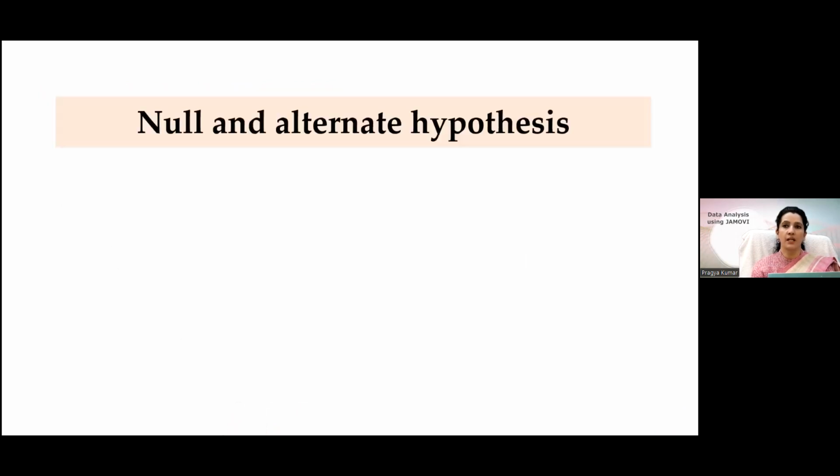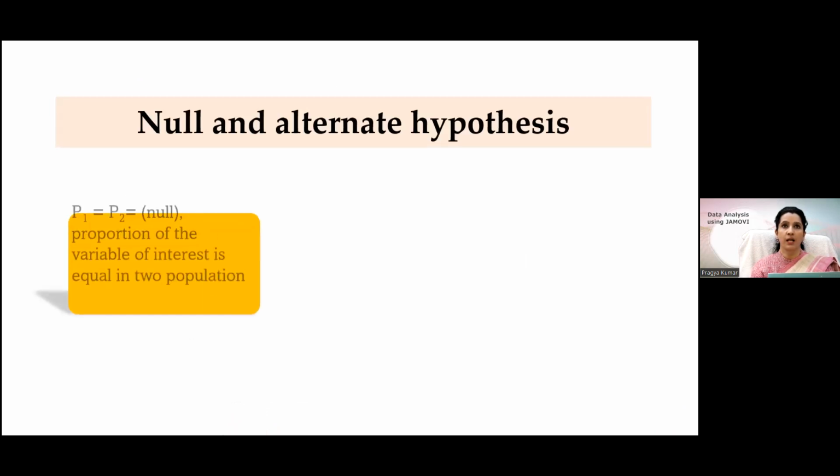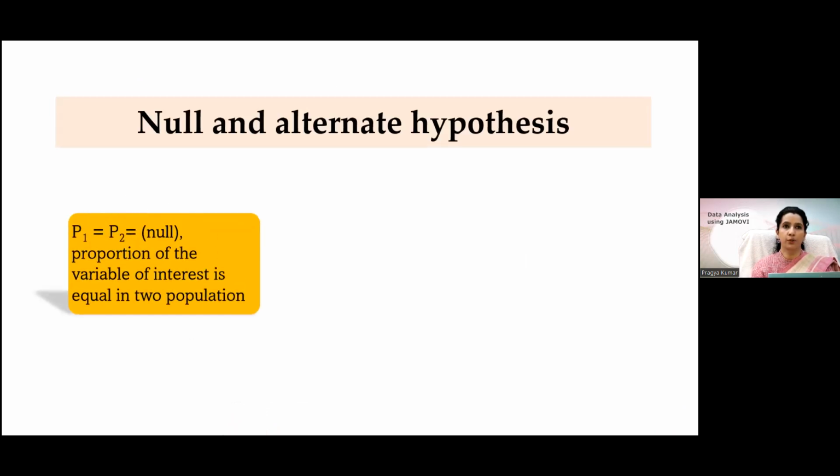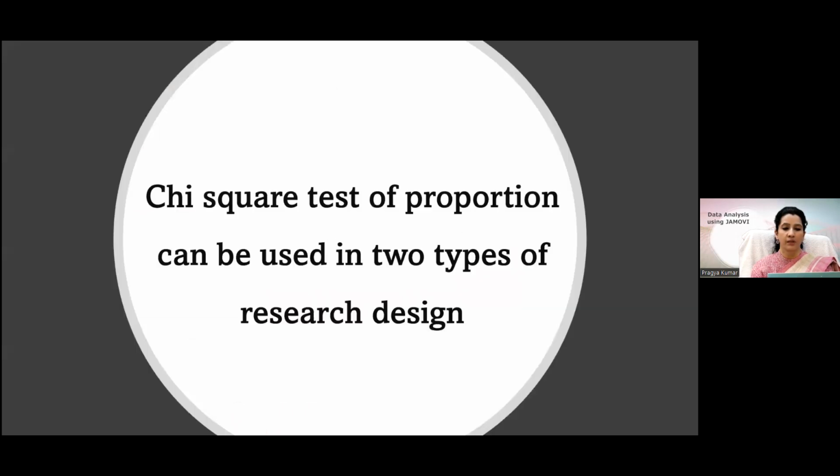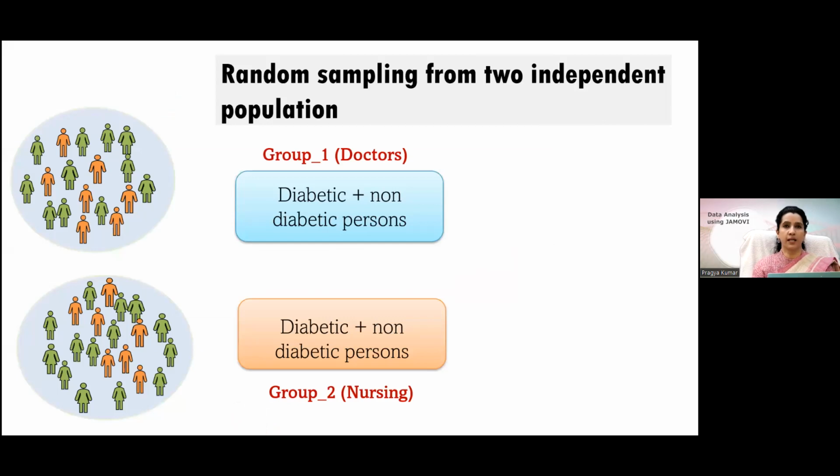So what are the null and alternate hypotheses? The null hypothesis states that the binomial proportion is the same in both the two populations. And the alternate hypothesis states that they are not equal. Chi-square test of proportion can be used in two types of research design.